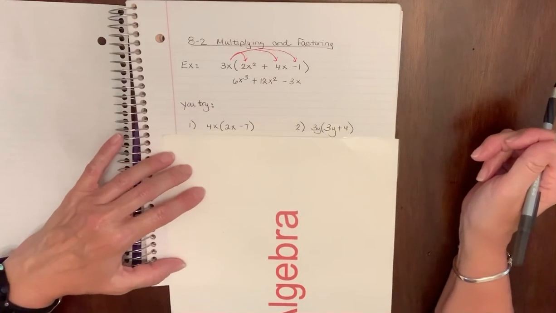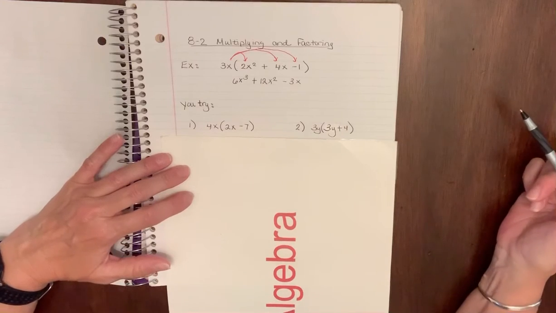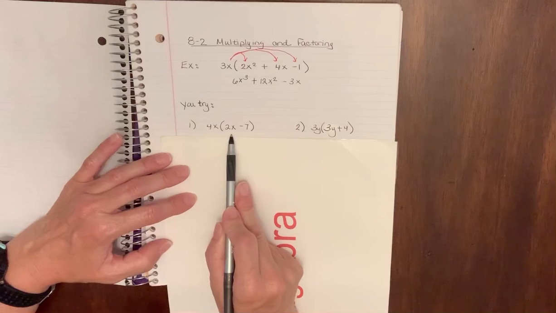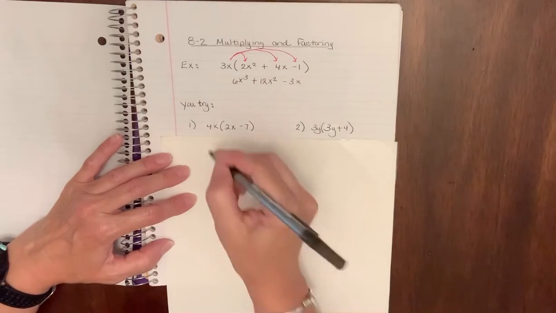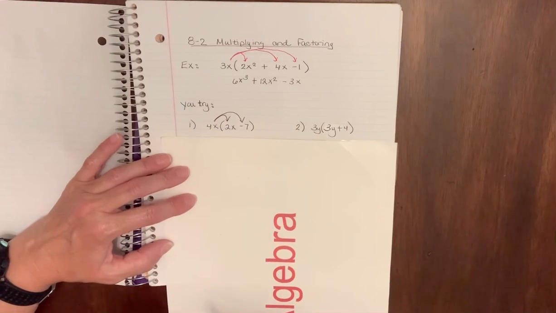Now we're going to do a couple together. So problem 1, which you'll see at the bottom of that note sheet as well if you printed it, is 4x times 2x minus 7. So once again, we are going to apply distributive property and multiply that 4x times everything in parentheses.